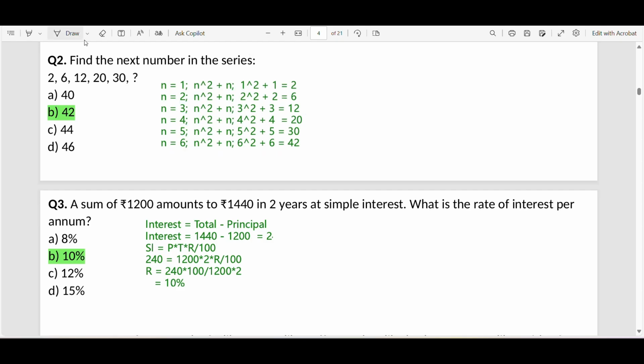So here we are having n equals to 1. Before this I considered n equals to 2, and for the second one I did n square plus n square plus 2.